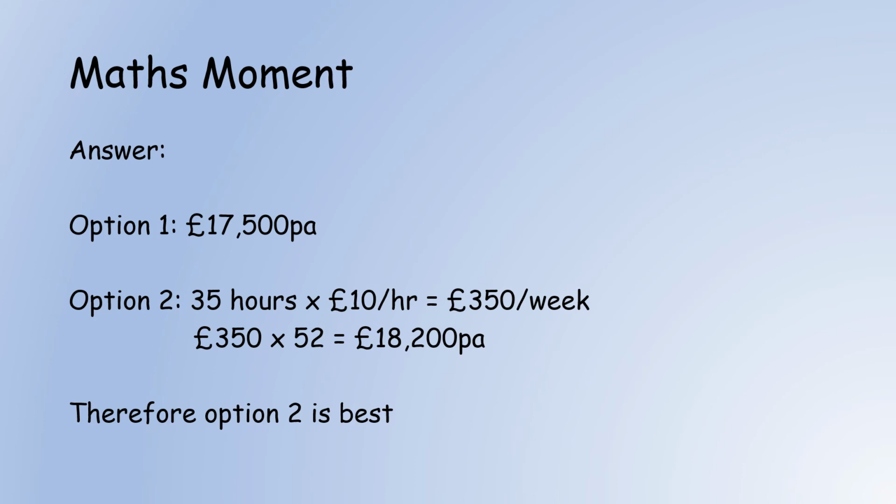Assuming that you can work 35 hours a week every week and you don't take any holidays, you can make up to £18,200 per annum. Most people would take 4 weeks off, so think about how that might change things in reality. But option 2 at the minute is the best. If you didn't get that, have a look at the workings on the screen now to review and see where you went wrong.